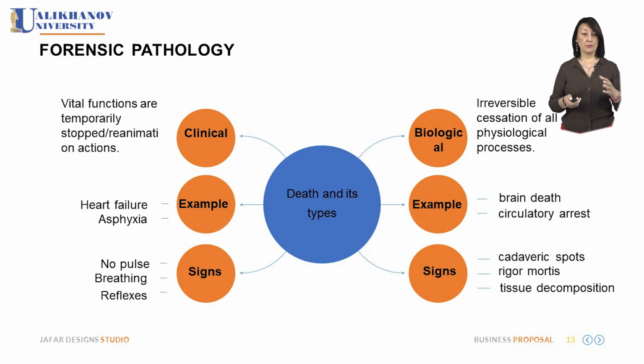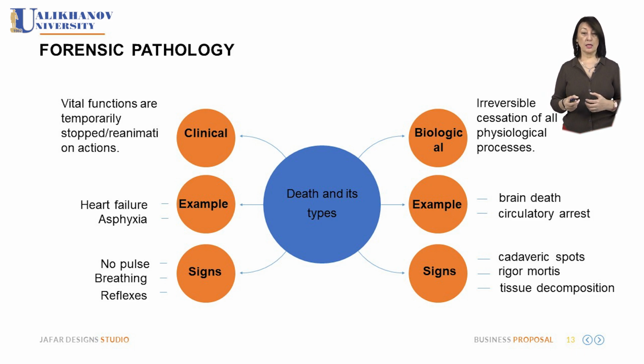Next, death is divided into two parts, clinical and biological. In clinical death, vital functions are temporarily stopped, but reanimation actions are possible, and clinical symptoms include asphyxia, no pulse, no breathing and no reflexes.